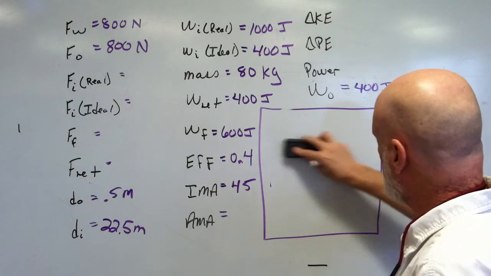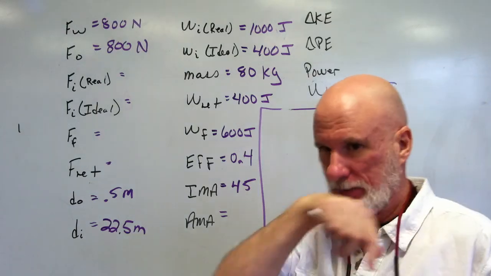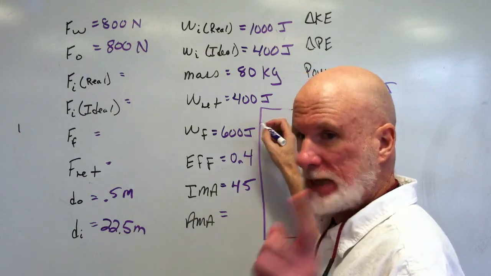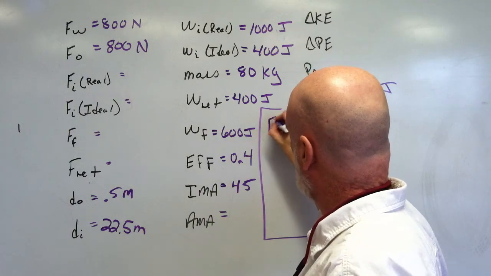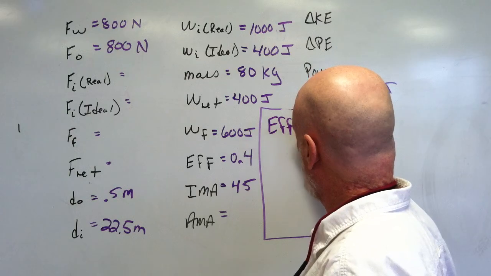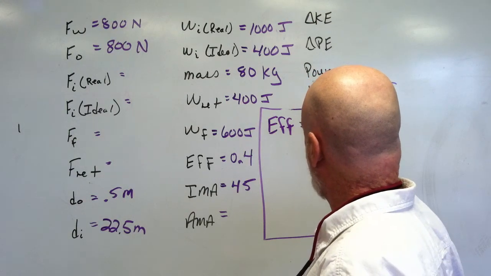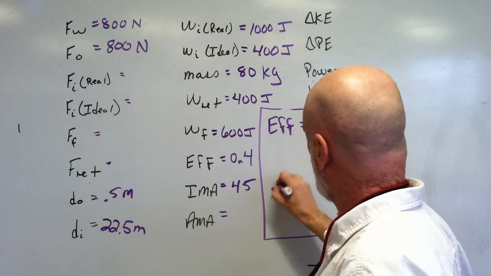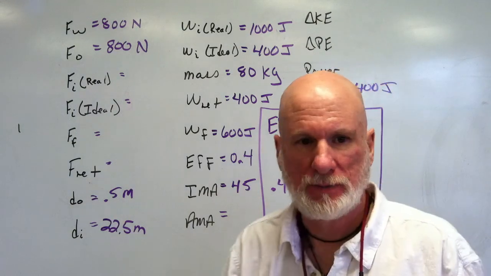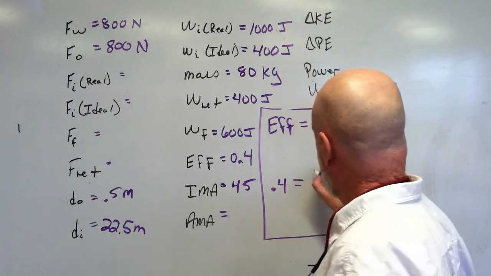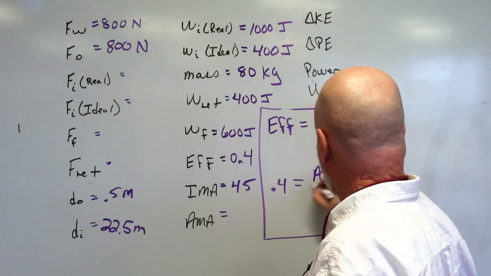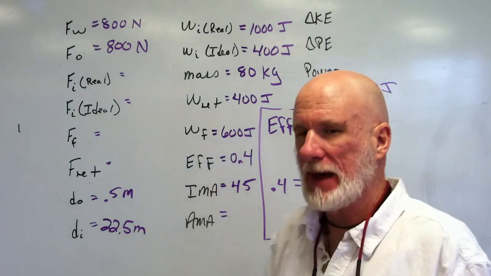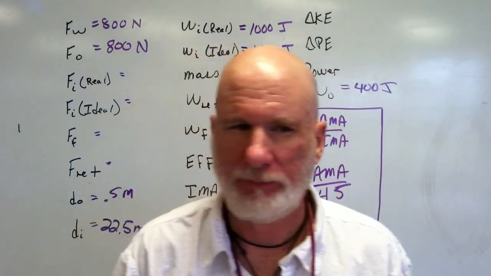So we can calculate the AMA. Efficiency equals AMA over IMA. So 0.4 equals AMA over 45. So AMA will be what? 18.